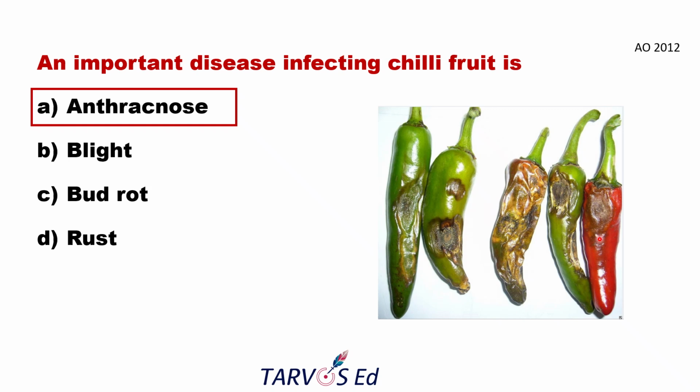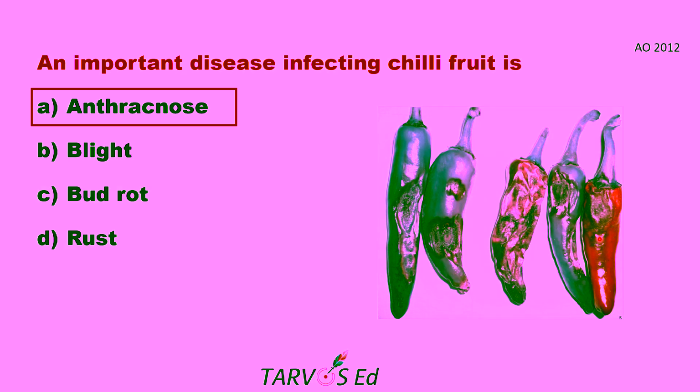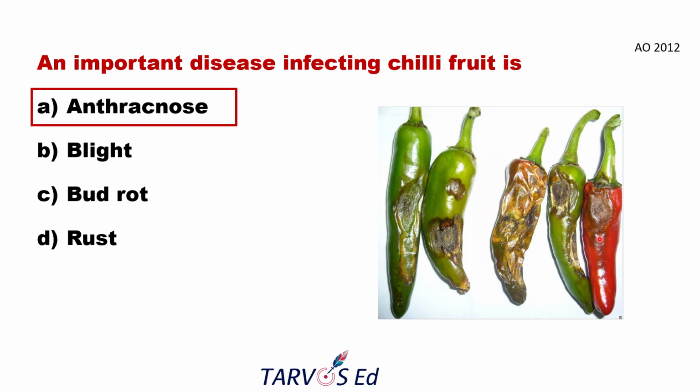You can even study it in mango, guava, and papaya. Most post-harvest diseases are related to anthracnose only.